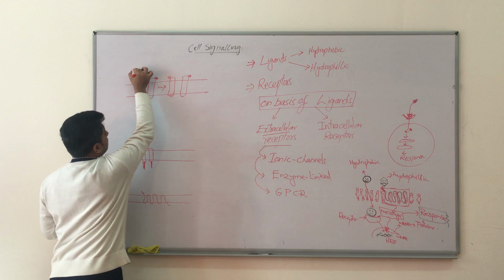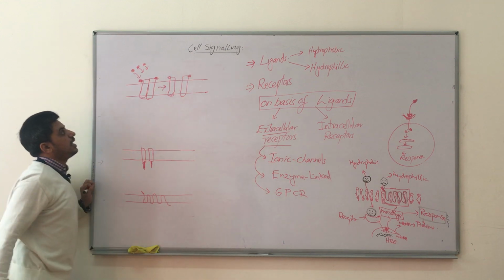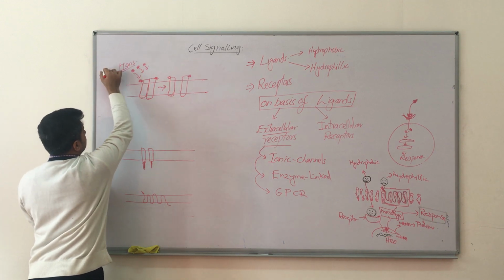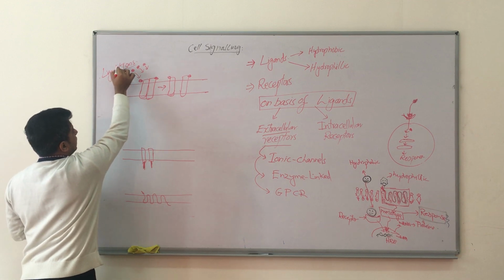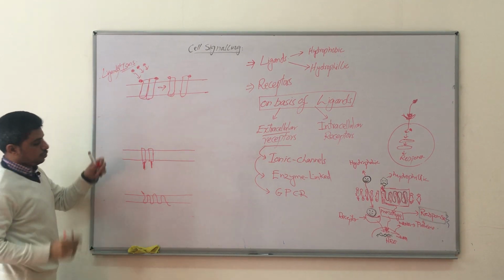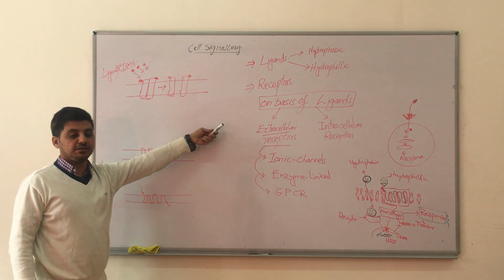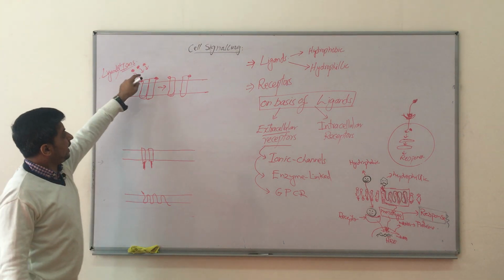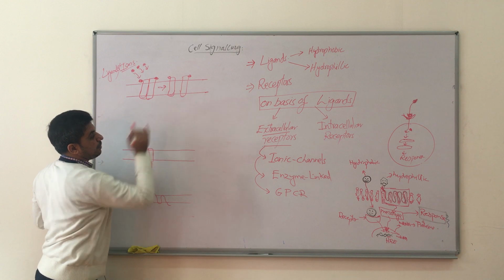Here these ions are ligands. They are coming and getting attached to these ionic channels. These are also named voltage-gated channels. It depends upon the electrical conductivity or the electrical potential. And when ligands become attached to these channels, they will become open.